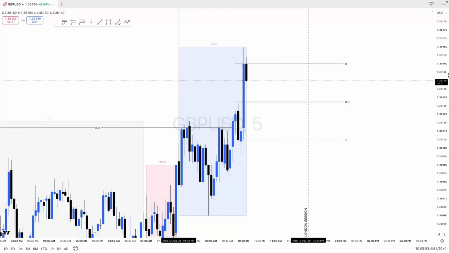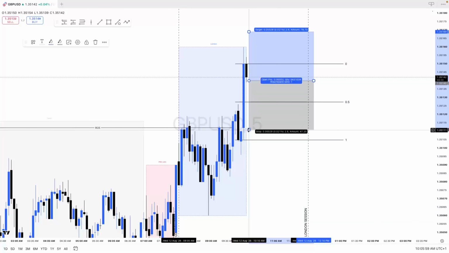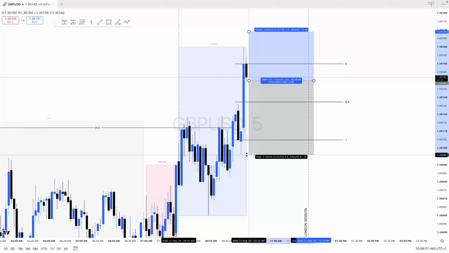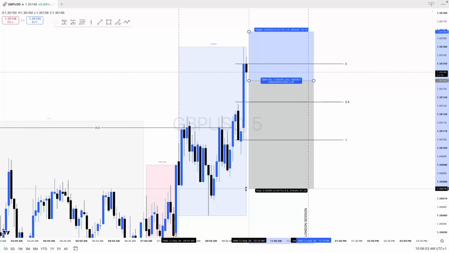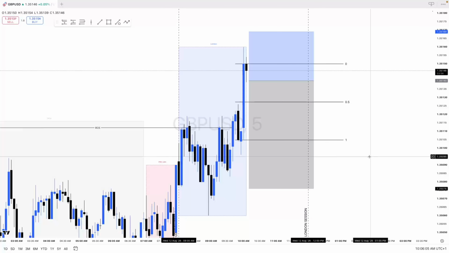Okay, so price has now broken to the upside. So we are going to be looking for buys from here. So, 6.4 pip stop loss. 1.076.